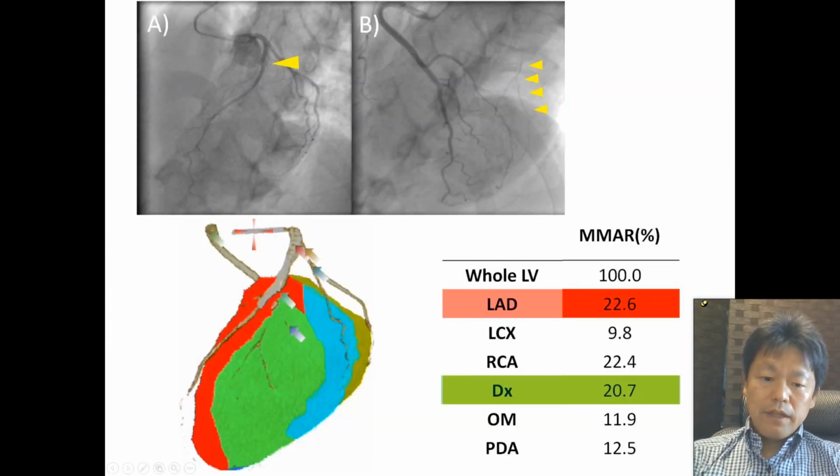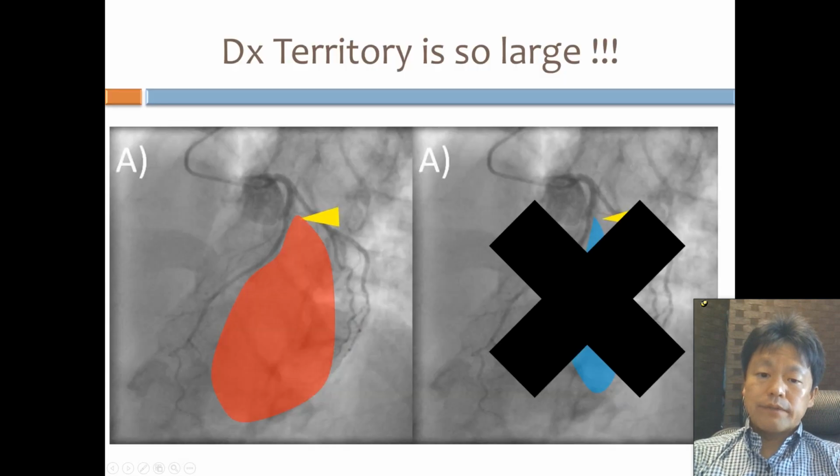CT can tell us this diagonal has 20.7% of the whole left ventricular myocardial mass. That is huge. Look, the LAD without this diagonal is 22.6%. This big diagonal can be the target of revascularization.